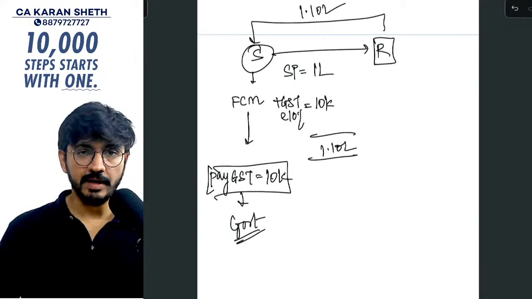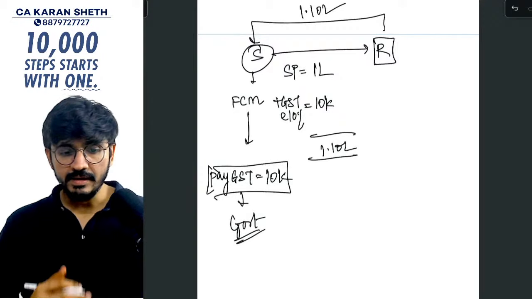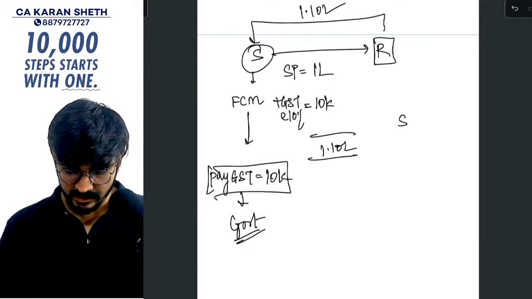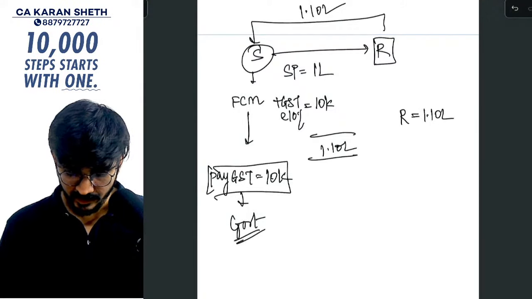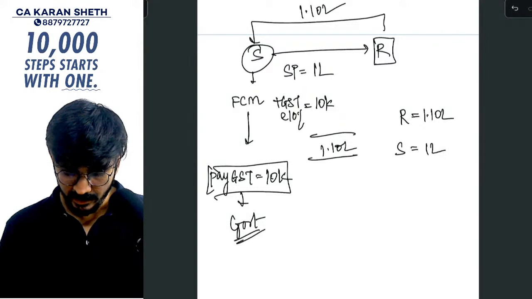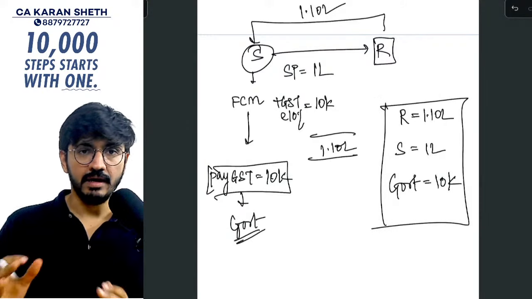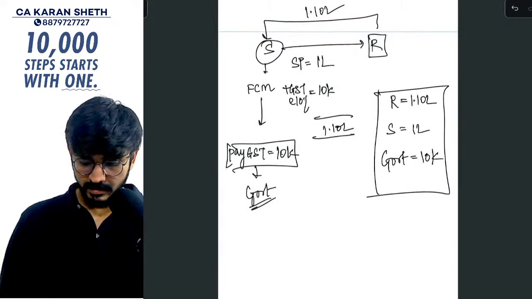Is that very clear, my dear friends? Very simple, right? In this case, from the recipient's pocket 1,10,000 went, supplier has 1 lakh and government has 10,000. Done.